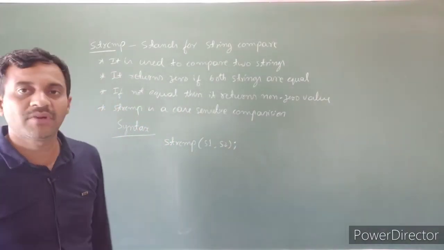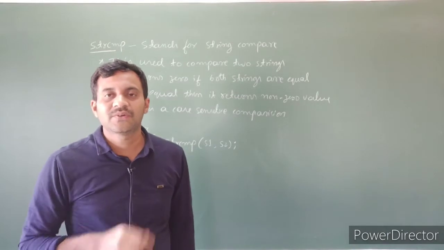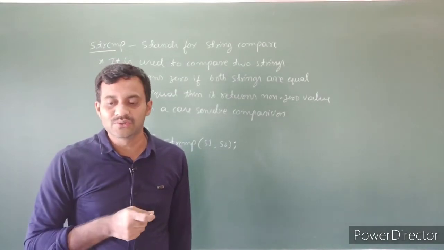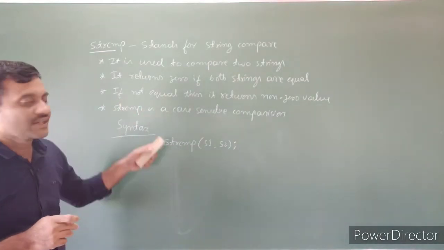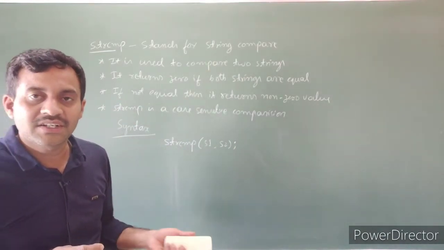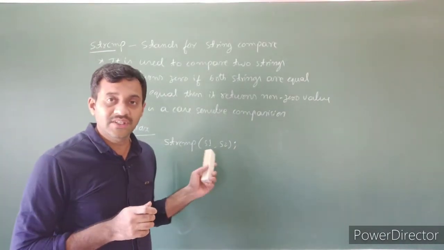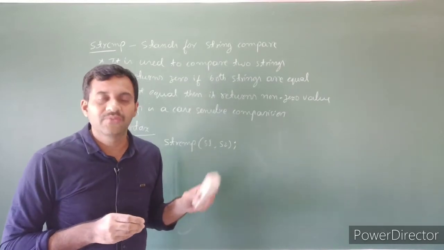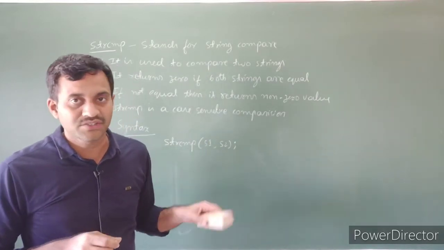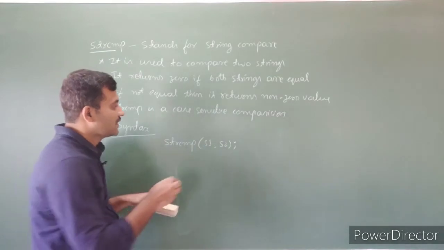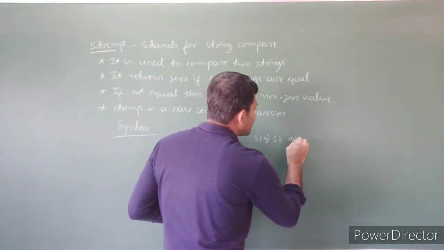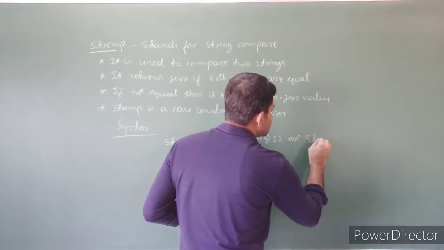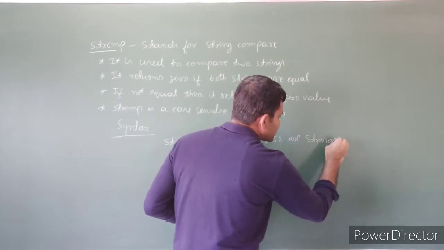This function returns a value: if the strings are equal, it returns 0. If they are not equal, it returns a non-zero value. Here S1 and S2 are the given strings.